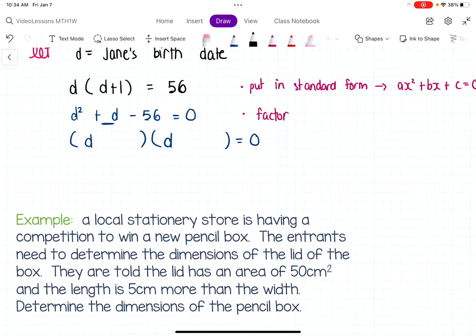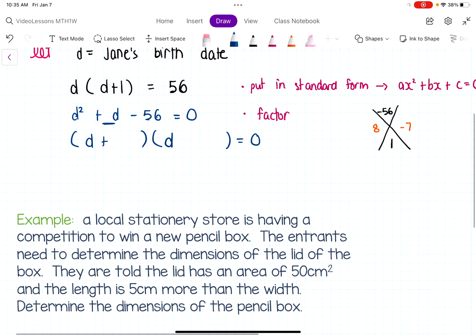I'm going to put my X puzzle here just in case you need it. Those two numbers are 8 and negative 7. So I'm going to get D plus 8 and D minus 7. This tells me that D equals negative 8 or D equals 7.